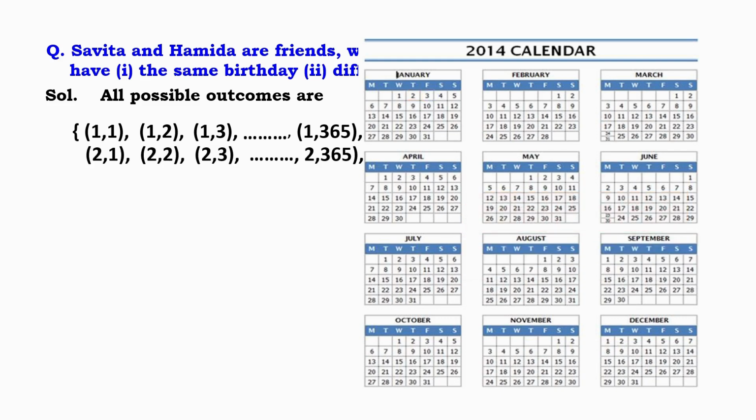So in this way, the other combinations are 2 1, 2 2, 2 3, and so on till 2 365. In this way, 3 1, 3 2, 3 3, till 3 365. So it keeps on going.